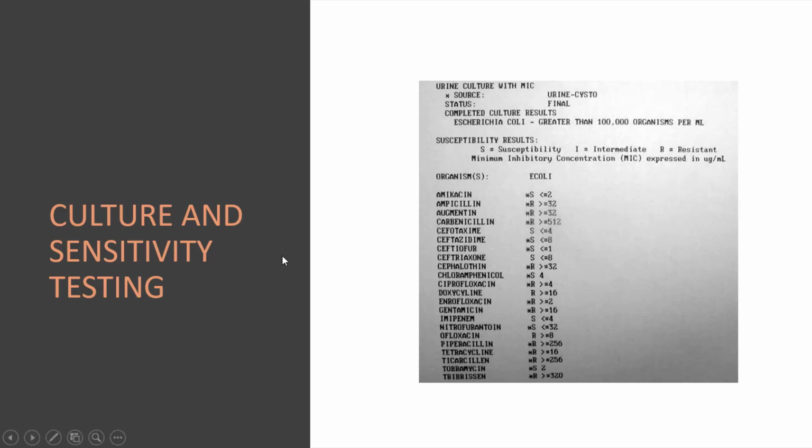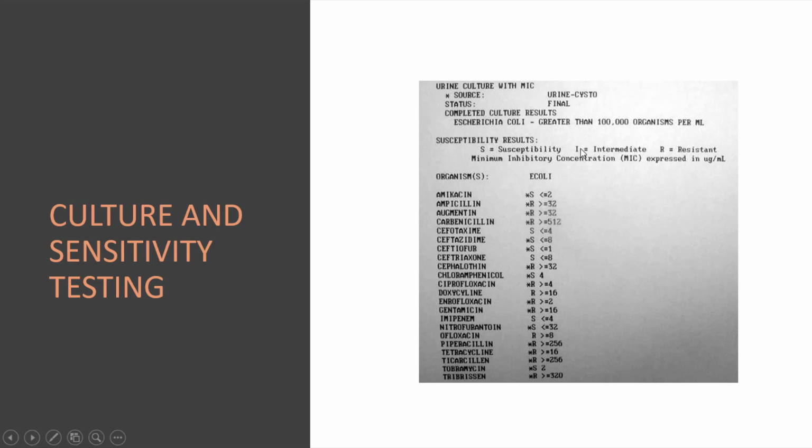Here is an example of a culture and sensitivity testing report, which is gonna show in the system. So here the source is telling you it's from urine culture, and it's also showing you the MIC of the bacteria. The type of bacteria is E. coli, and then it's telling you S for susceptible, that means sensitive, and we can use this antibiotic.